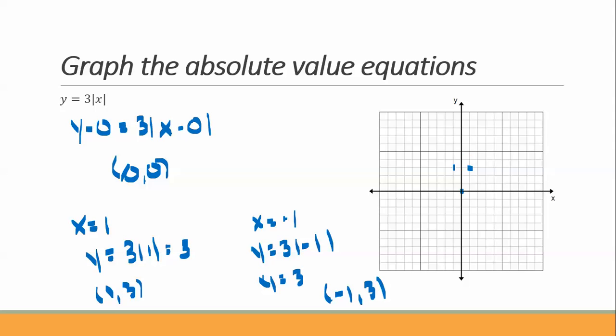And recall from when we did this back in section 3.2, I believe it was, absolute value did look like a V. And notice also, here's our 3. If we count 1, 2, 3, and over 1, this 3 out here is similar to what our slope is for lines. But we have a positive and a negative, just like we do for all the other answers.